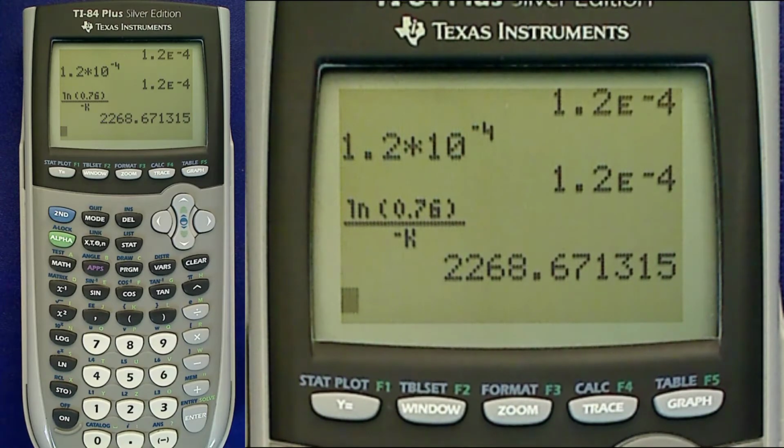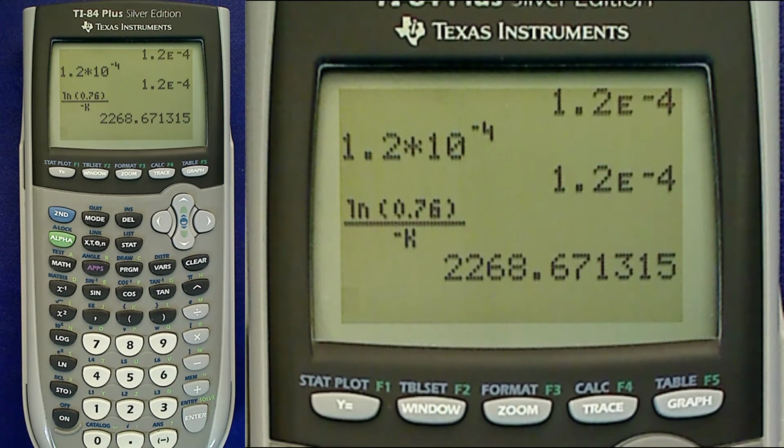Just to give a little more context, since 0.76 is between 0 and 1, its logarithm is negative. Remember, that's just a property of logarithms. So when we divide this negative number by this negative number in the denominator, the result will be a negative divided by a negative, which is a positive.